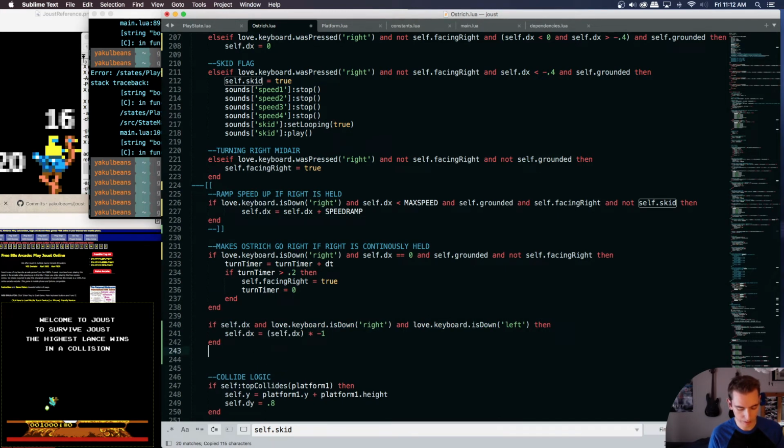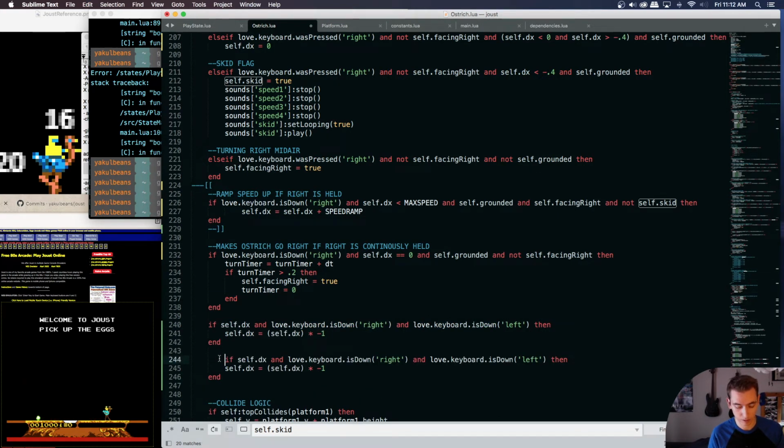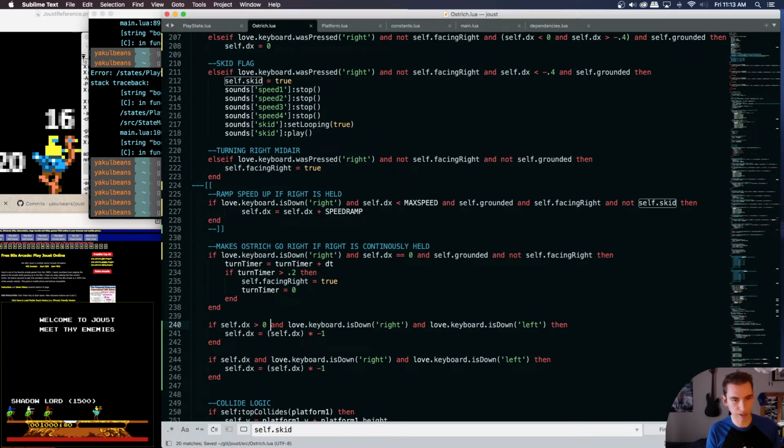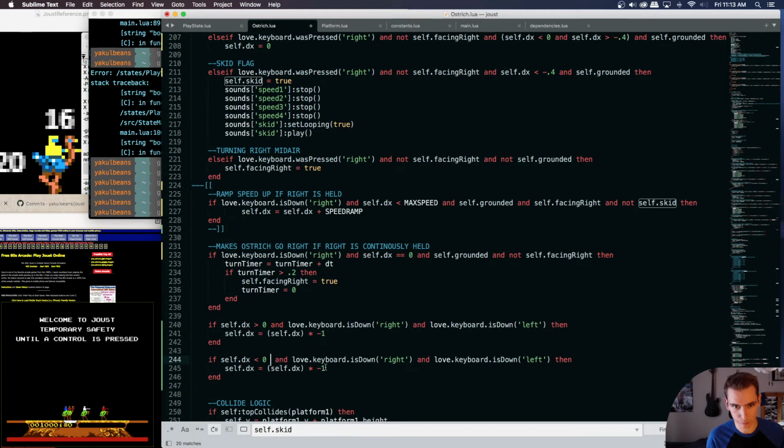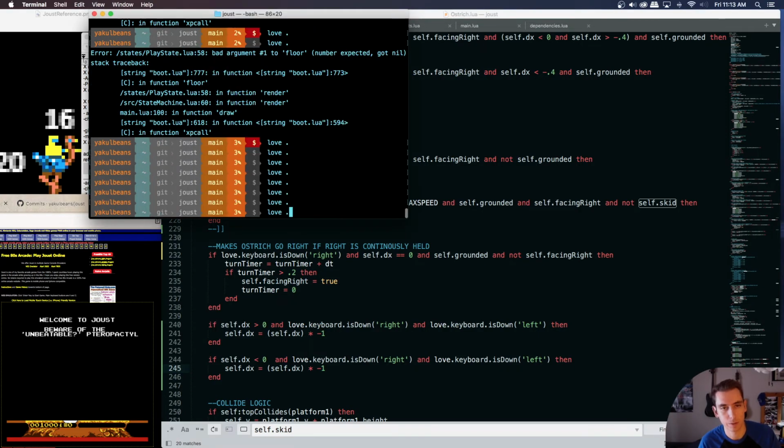And then if self dx is greater than 0, if it's moving right, then move it left, and if it's moving left and both of those are pressed, then do the same operation, which will swap it. Maybe. I have no idea.